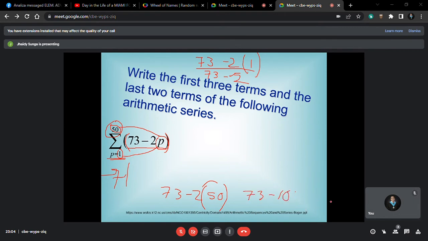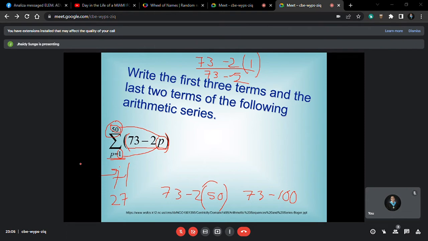If we subtract that, what could be the answer? Obviously, it would be 27. So, sir, we did compute 71 and 27.